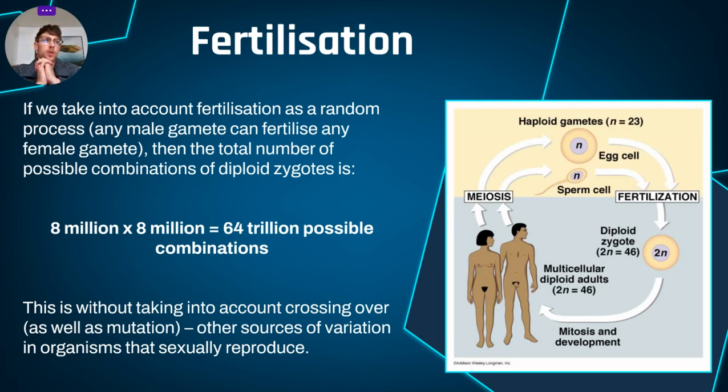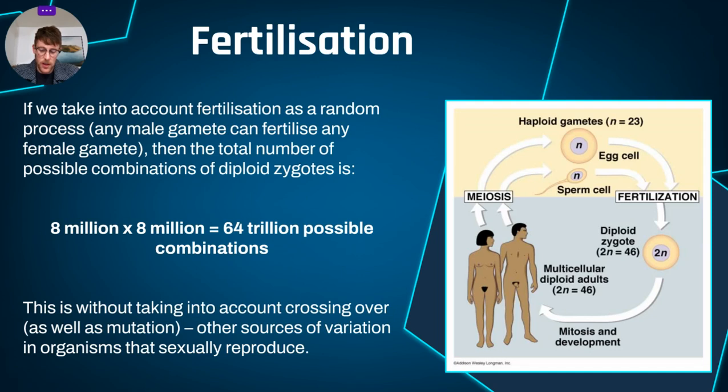Now, when I talk about why we look the way we look being so rare, you've got to think about independent assortment and crossing over can produce up to 8 million different possible combinations, we estimate.